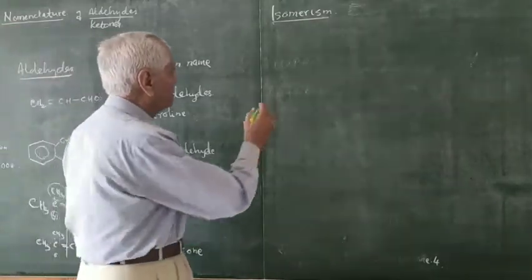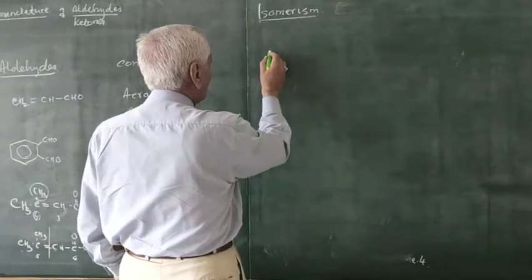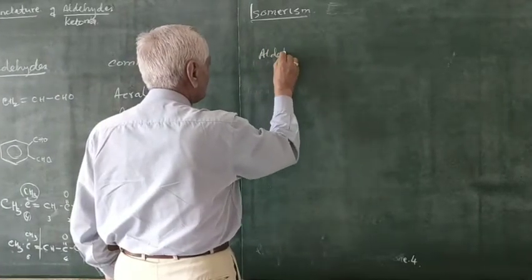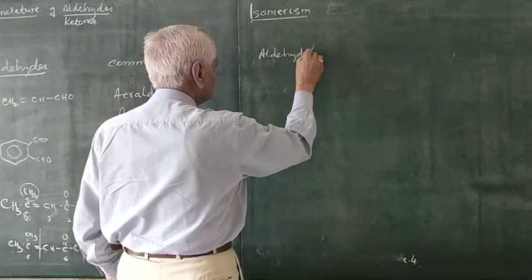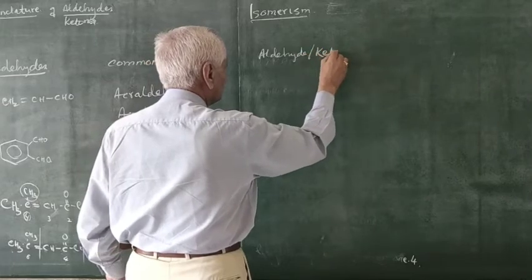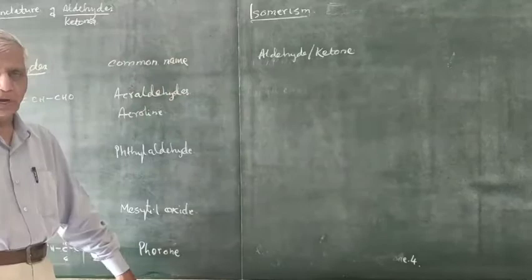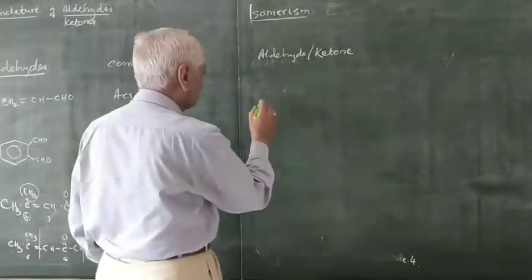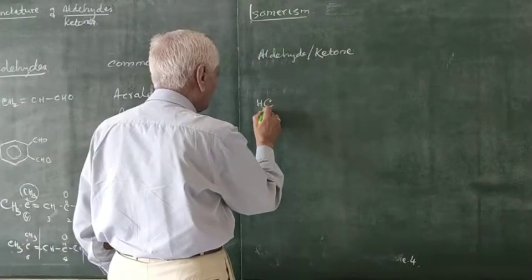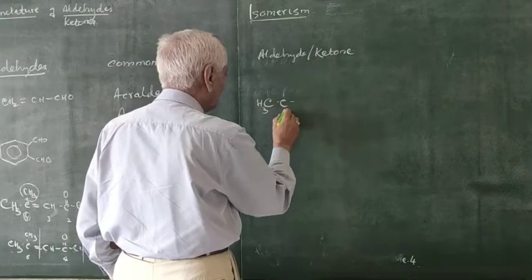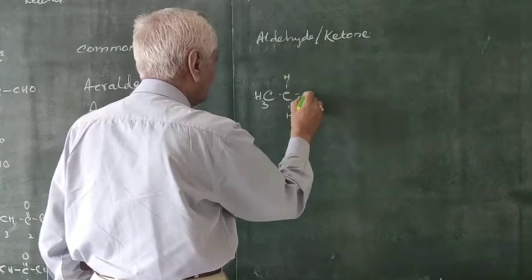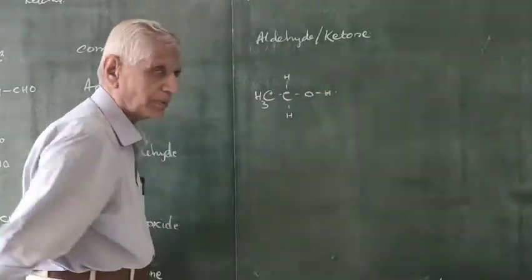Now here, aldehydes and ketones. You know, these compounds are obtained starting from alcohol. For example, CH3CH2OH.